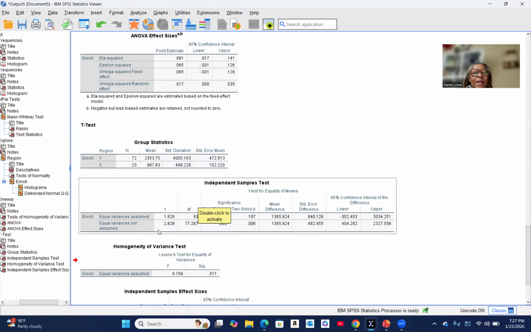So with that in mind, my t-value is 2.82 with the degrees of freedom at 77.26. As stated in our class on Thursday night, it's best to lean towards the two-sided p-value. And that two-sided p-value is 0.006.